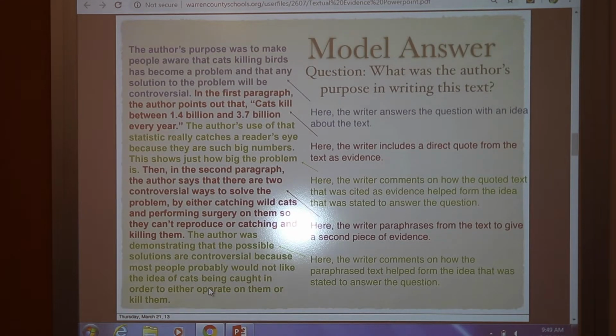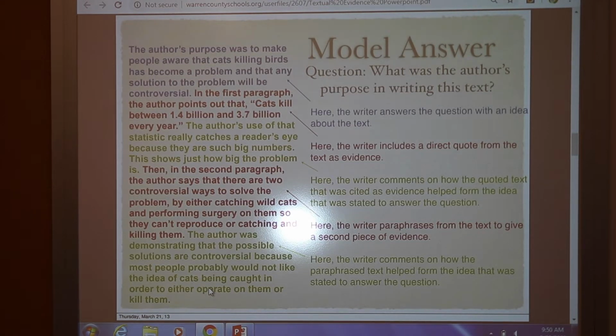So in the model answer, the question: what was the author's purpose in writing this text? The author's purpose was to make people aware that cats killing birds has become a problem and that any solution to the problem will be controversial. In the first paragraph, the author points out cats kill between 1.4 billion and 3.7 billion birds every year.